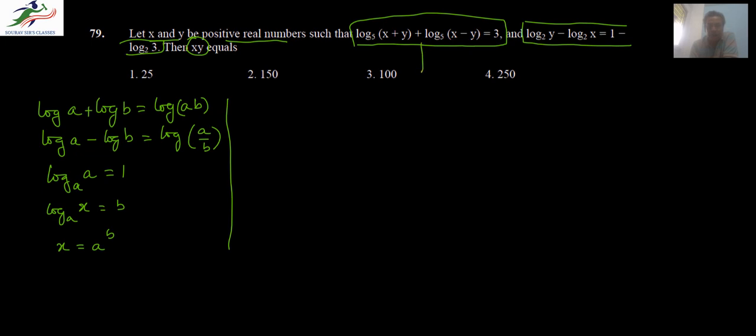So in the first equation you see that log of x plus y to the base 5 plus log of x minus y to the base 5 is given as 3, which means we will apply this rule.